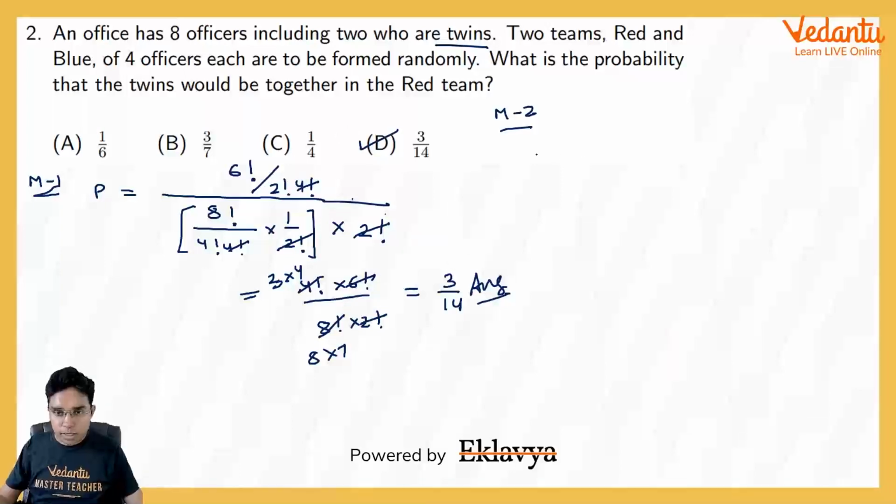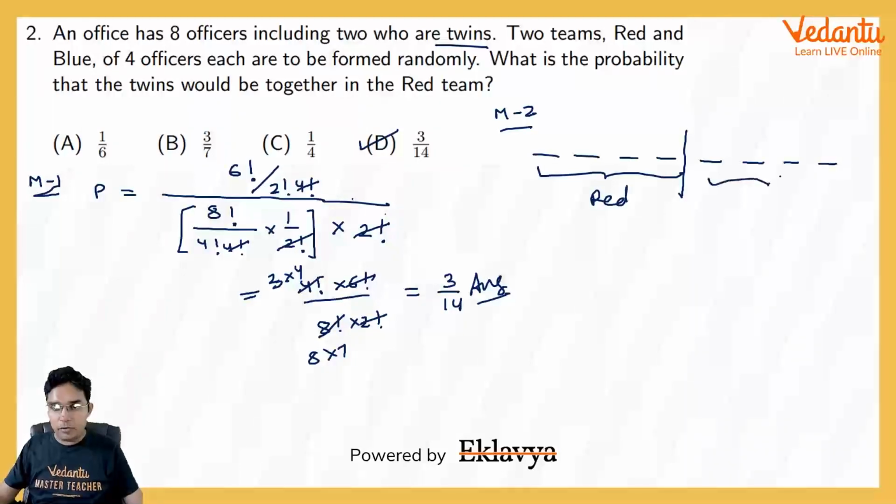What I am going to say is, I will arrange 8 officers in a row randomly, 1 2 3 4 5 6 7 8, and I will call the first 4 the red team and the next 4 the blue team.